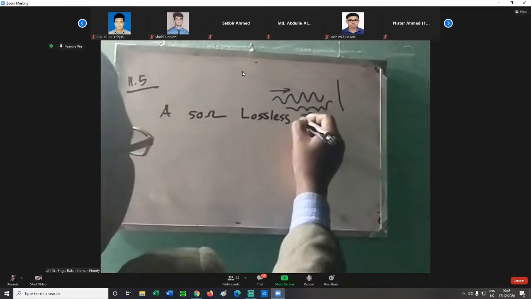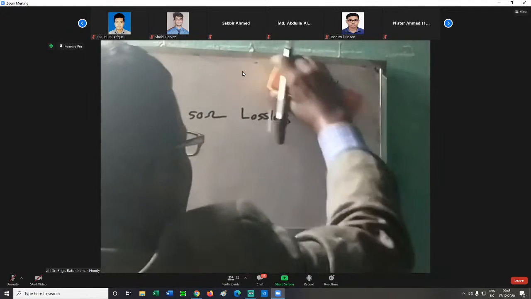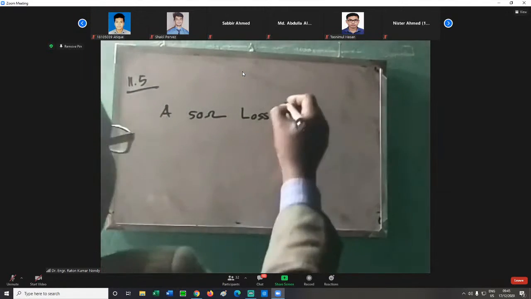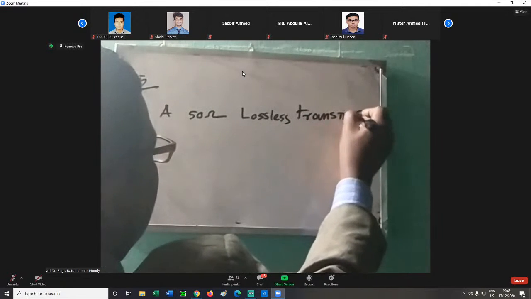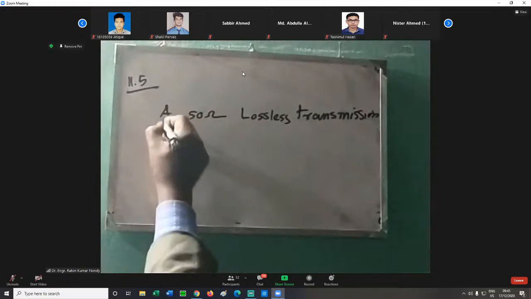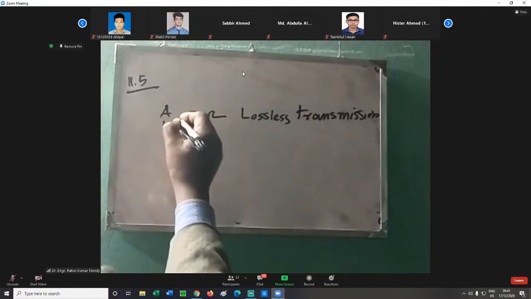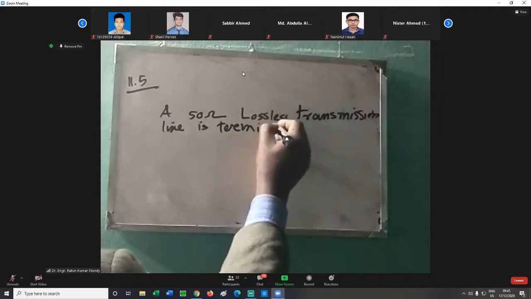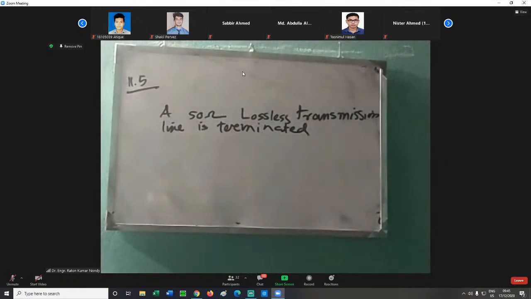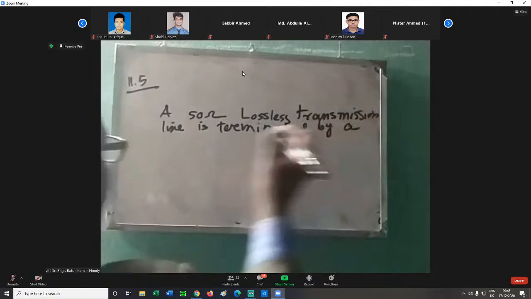Lossless transmission line. Terminated into.